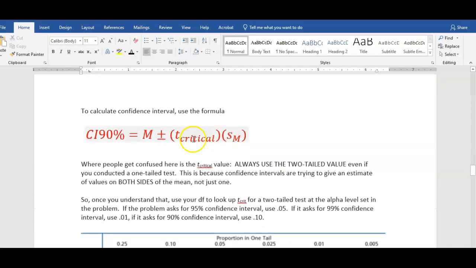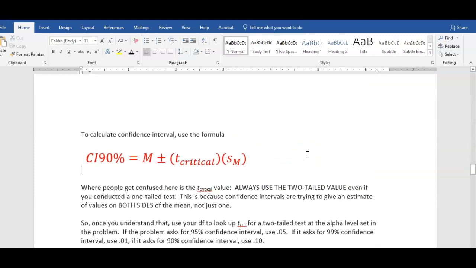Now what about this t critical? Here's where people get confused. They have a critical value above that may or may not be accurate here. The important thing to remember for the confidence interval is that we always have to use the two-tailed value, even if you conducted a one-tailed hypothesis test. Why?